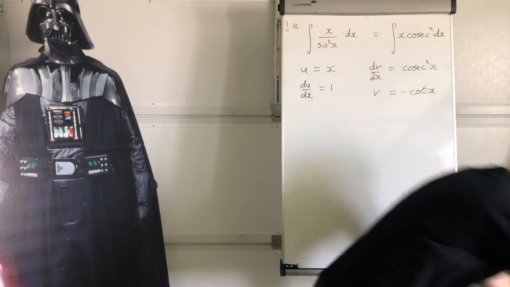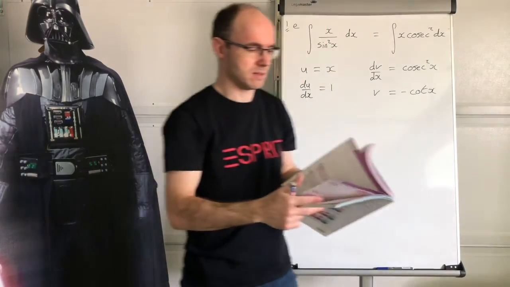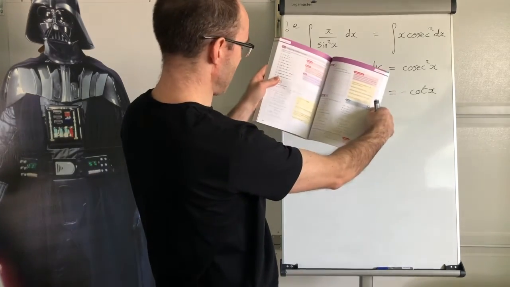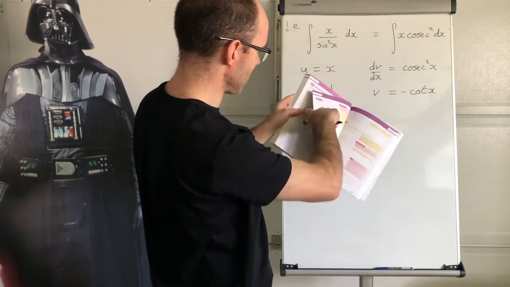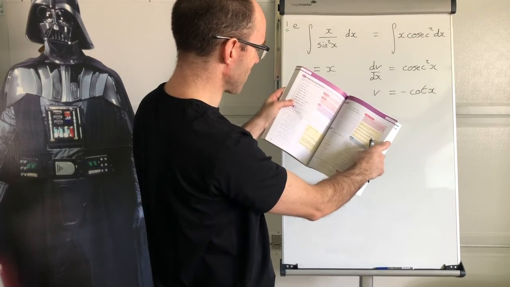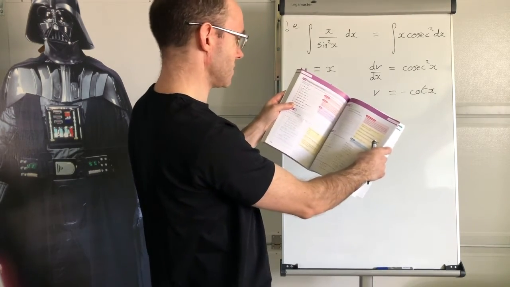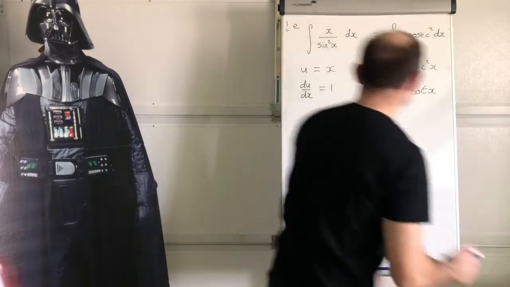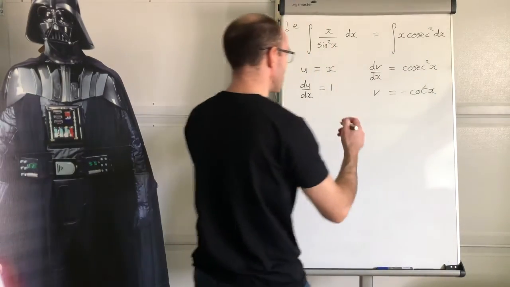Let me just help you out with where it is. It's this page, page 294, and rule number 8 says the integral of cosec squared x is negative cot x.